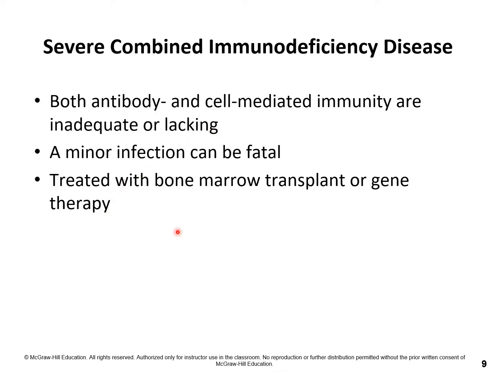In this case, even a minor infection can be fatal because these people don't have functioning T cells or functioning B cells to fight off infections. This disorder, SCID, can be treated with bone marrow transplant or also with gene therapy.